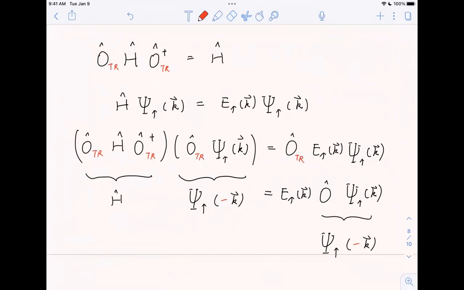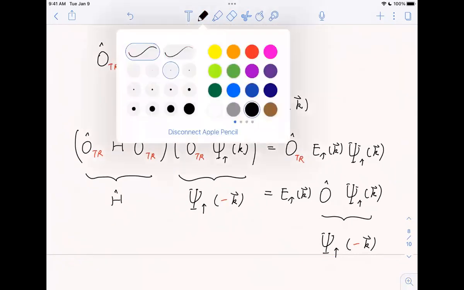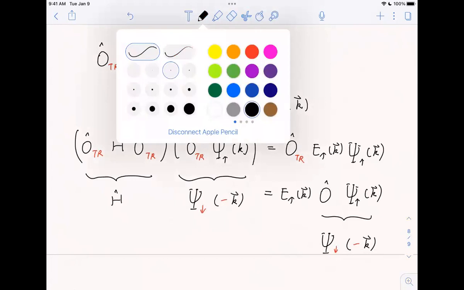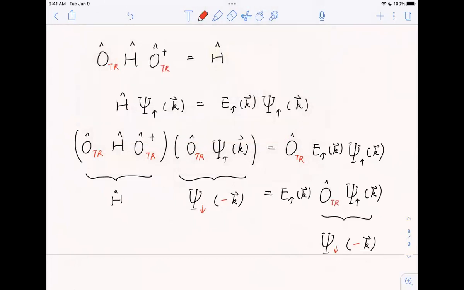So the Hamiltonian is your system. When you don't have a magnetic field, it is the same. Now the spin needs to flip. This one will flip, the spin will flip. This is the original one, and this is time reversal.